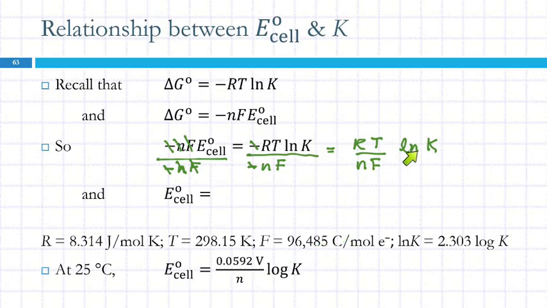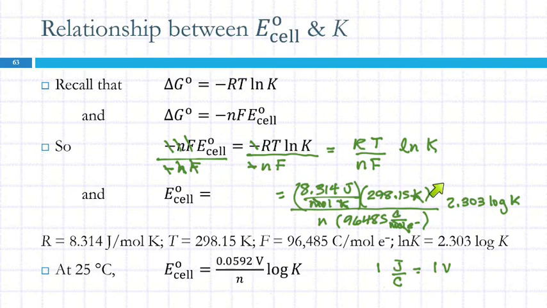And we can change the natural log of K into the base 10 log of K, because the natural log of K is 2.303 times the base 10 log of K. So I do all of that math, and that gets me 0.0592 volts over N times the base 10 log of the equilibrium constant.